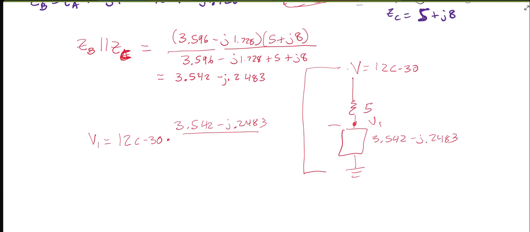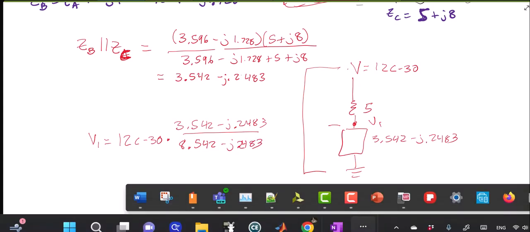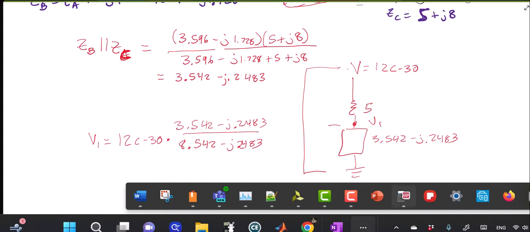And the total impedance is just the sum of the two impedances. I didn't calculate that separately because it's real easy. It's just a resistor, it's just 5. When I add it to that, it just turns this to an 8. So 8.542 minus j0.2483.